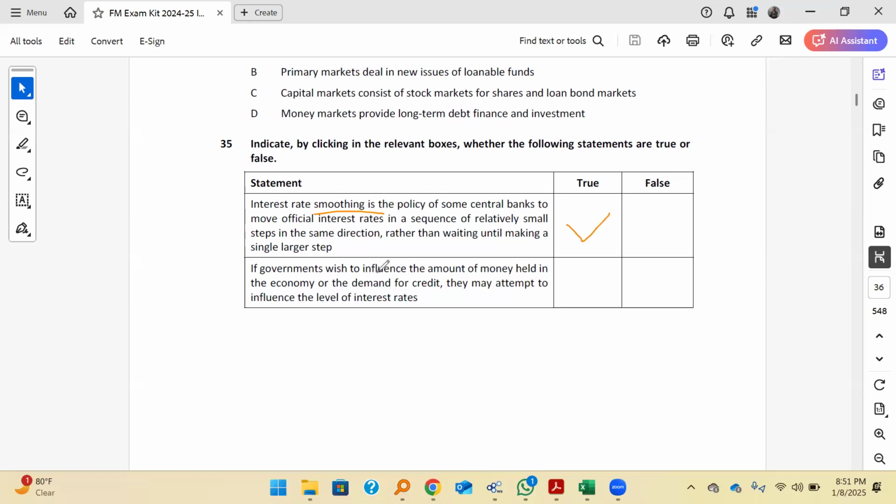And if government wishes to influence the amount of money held in the economy or the demand for credit, they may attempt to influence the level of interest rates. And I already explained this: when interest rates increase, it becomes beneficial for you to save money, because you earn more when you save. That means you save more and spend less.